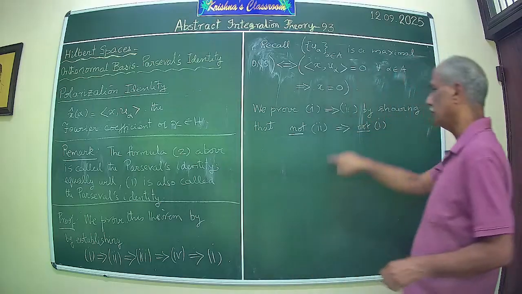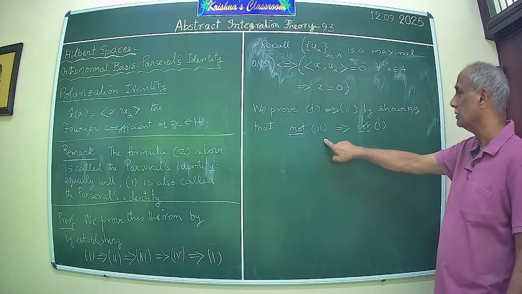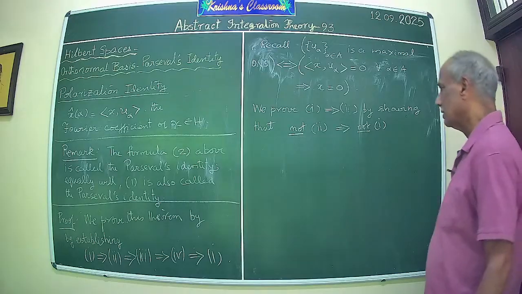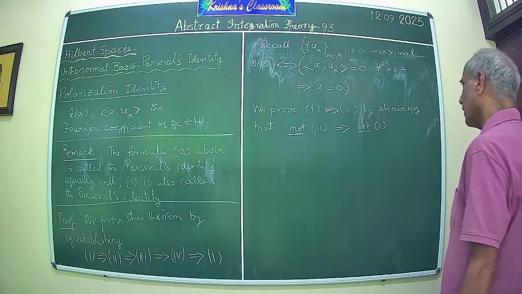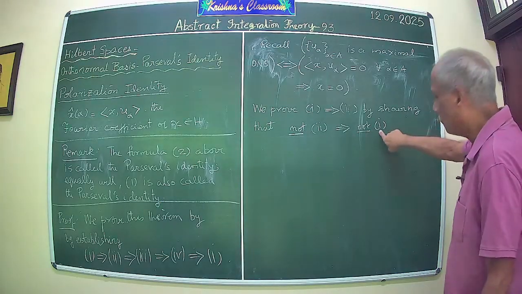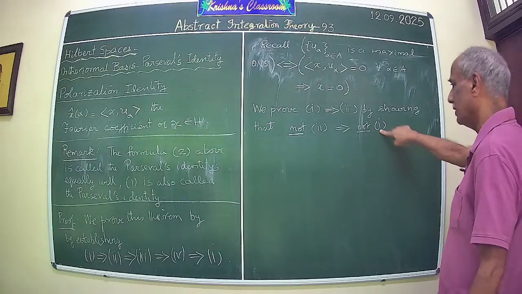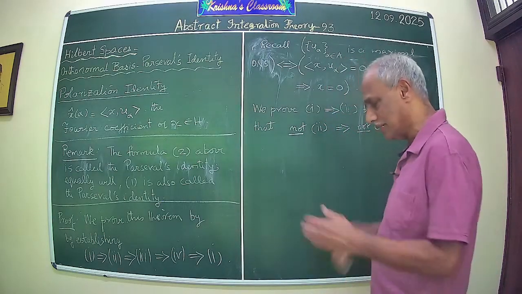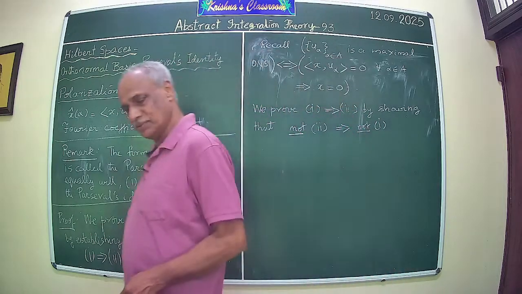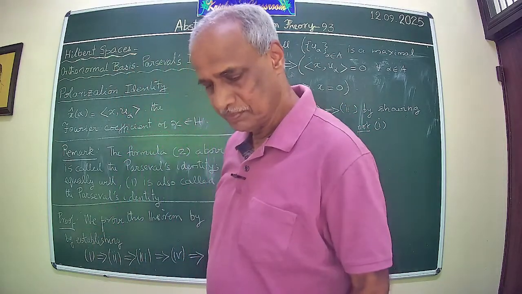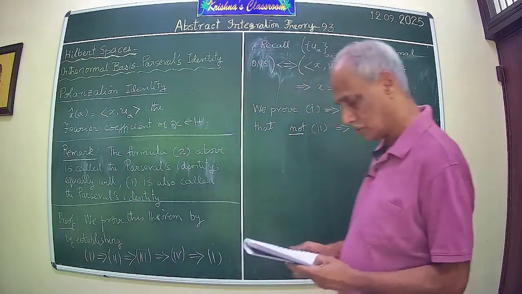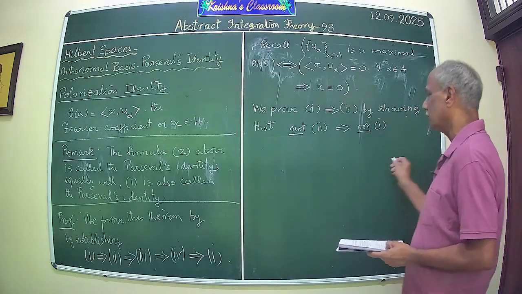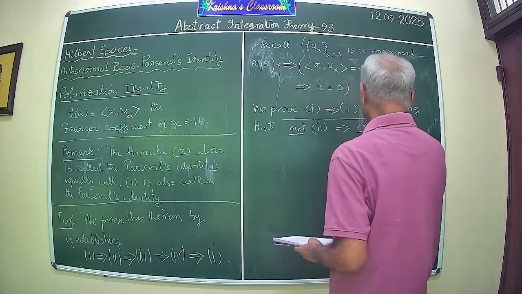That means if 2 is not valid, then 1 cannot be valid. So that by the contrapositive argument, if 1 is satisfied, then 2 is a consequence of that. I mean, that's very easy to understand. Okay, that is the standard procedure, and this is true. Not 2 implies not 1. So this is the strategy.